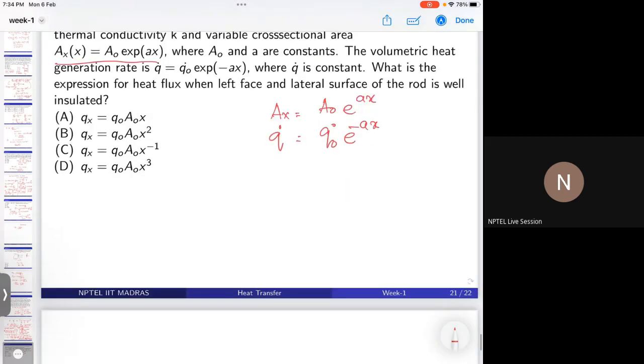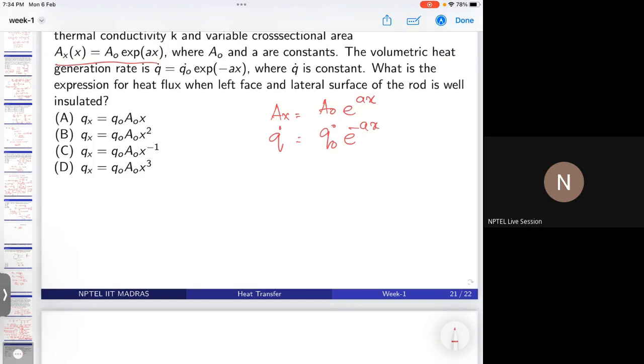Now we will write the general equation, that is minus d by dx of (k A(x) dT by dx) plus Q dot into A(x) should be equal to 0.